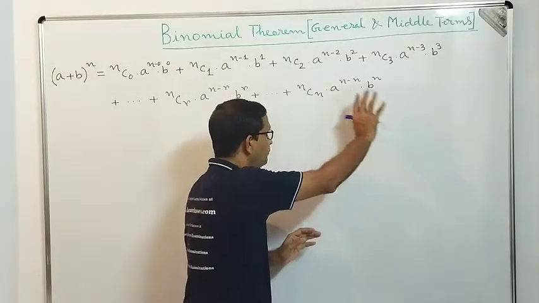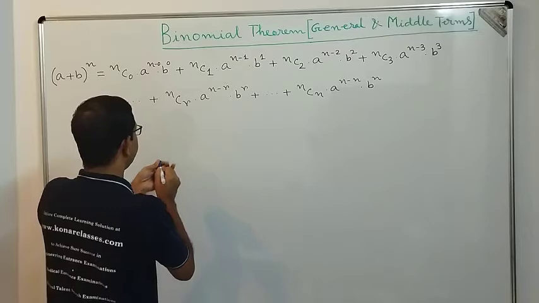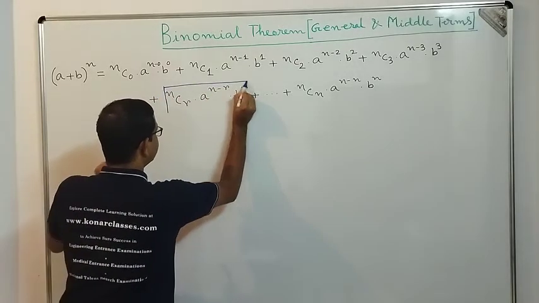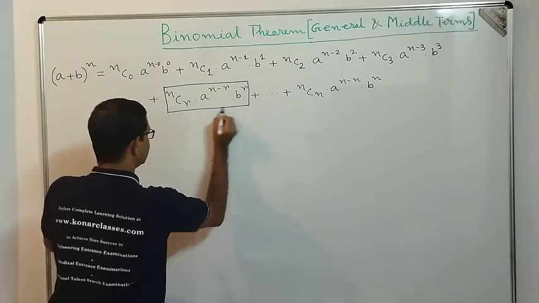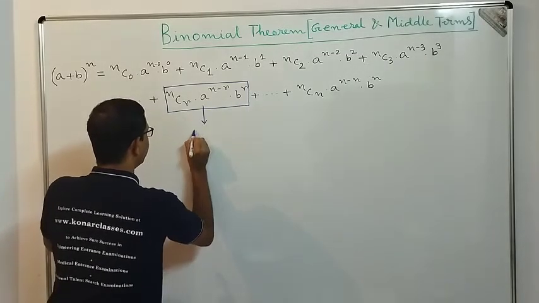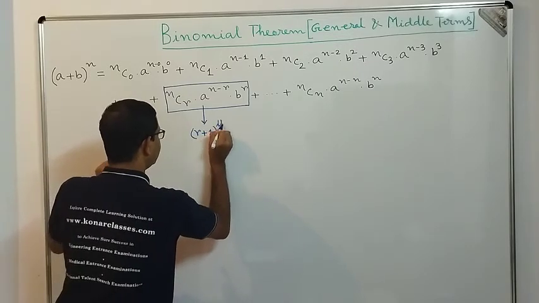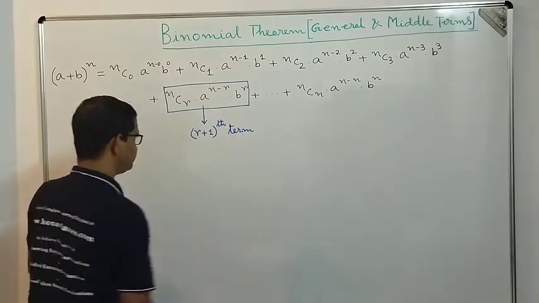In that way, if we proceed, nCr a^(n-r) into b^r becomes the (r+1)th term. Correct or not? So this is the (r+1)th term, and that is what we call a general term.